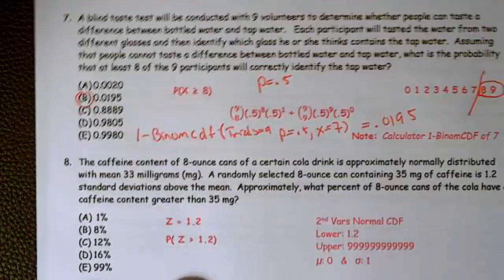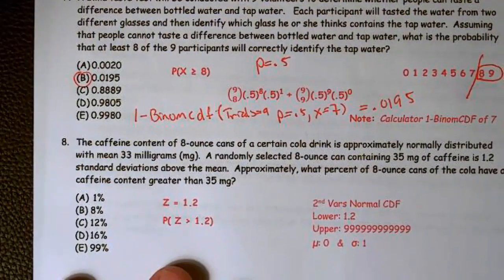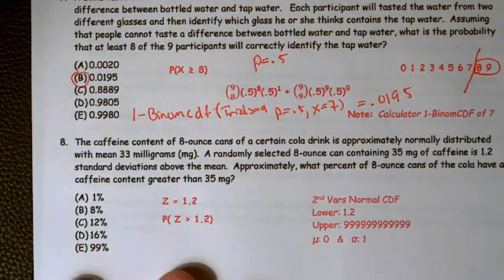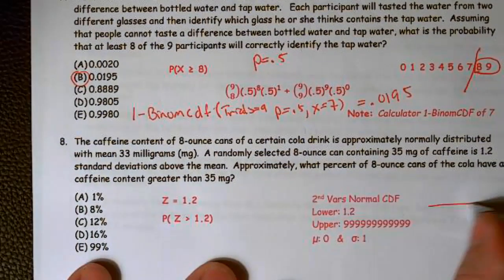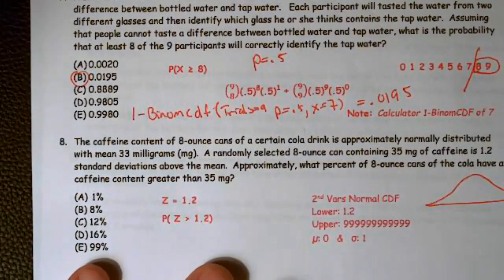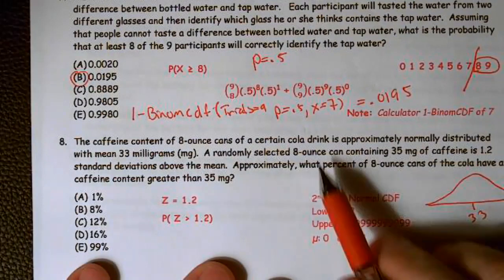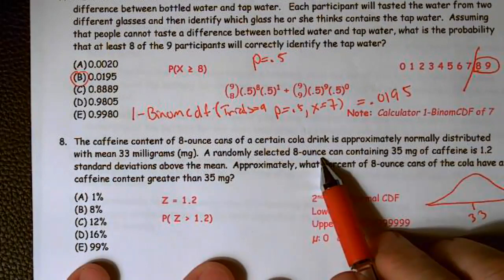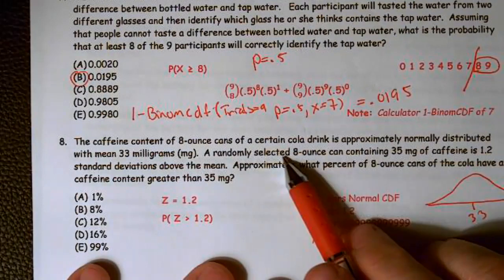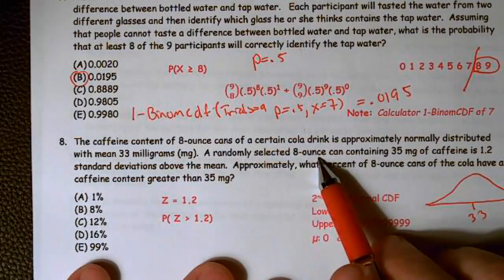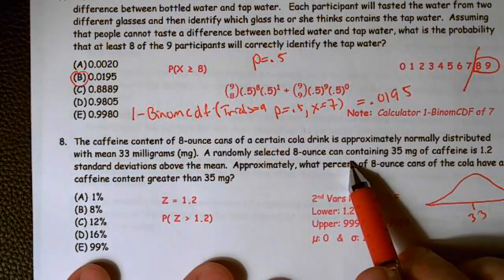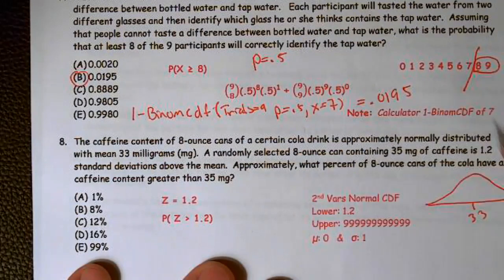All right, number 8. The caffeine content of 8-ounce cans of a certain cold drink is approximately normal. Awesome, so let's draw a curve. With a mean of 33, a randomly selected 8-ounce can, so one can, containing 35 is 1.2 standard deviations above the mean.